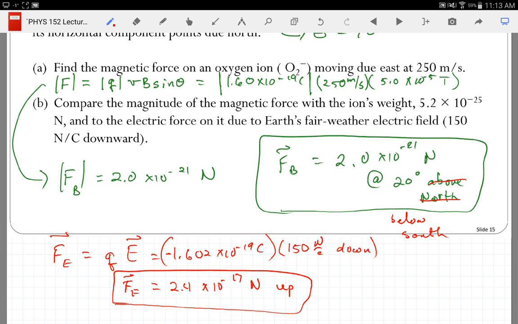Now, this is a realistic problem. The oxygen molecules in the atmosphere are really moving somewhere around that speed. And so for those, gravity is really not going to be much effect on them at all. It's the Earth's electric field that's going to be the biggest effect. That's what keeps them above the surface of the Earth instead of just falling to the Earth. Yeah, good for us, right? We like to breathe.